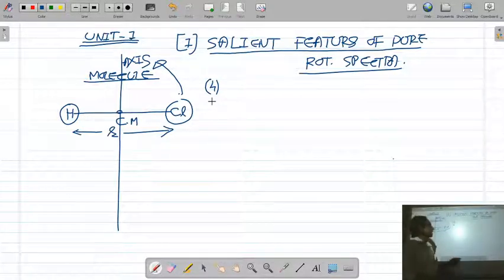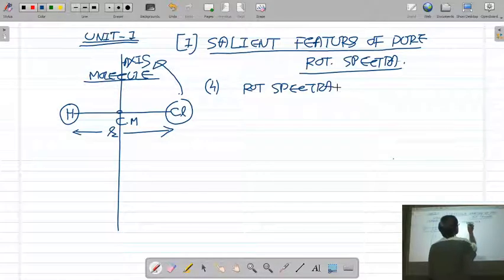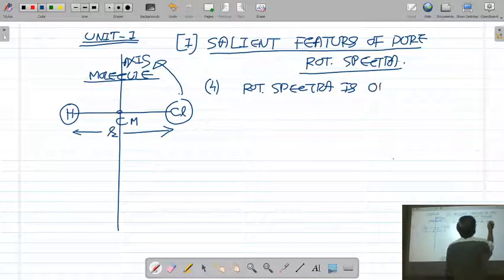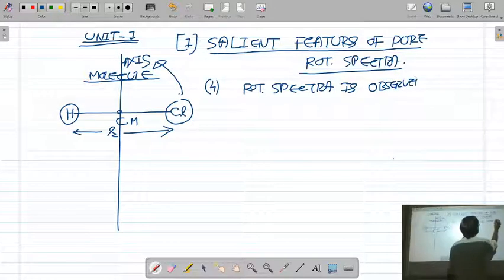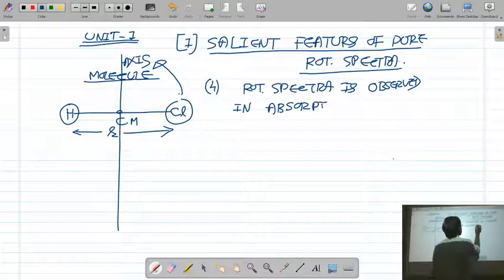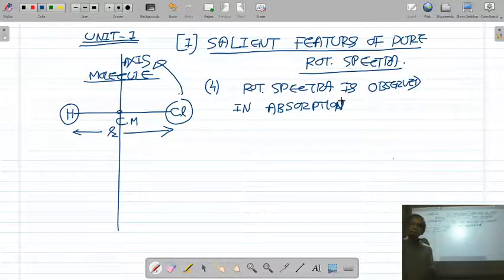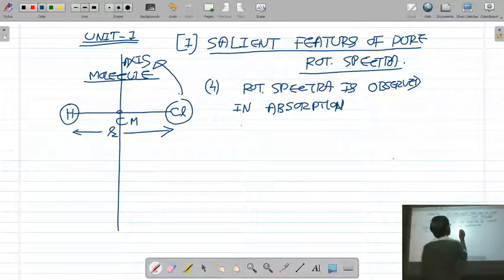But before that, I mention the feature of rotational spectra: rotational spectra is mainly observed in absorption. It is called absorption rotational spectra. If you study the absorption spectra of the molecule, it is made up of equidistant lines.